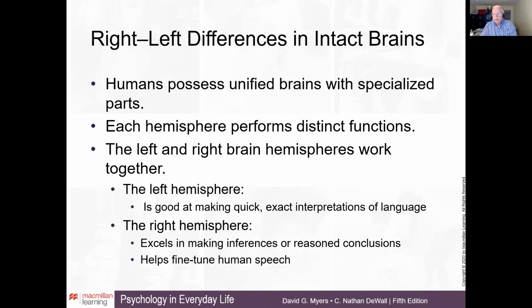The left hemisphere is more the logical hemisphere of our brain, and the right hemisphere is the more intuitive, creative part of our brain, which excels in making inferences or reasoned conclusions, whereas the left hemisphere is good at making quick, exact interpretations of language.